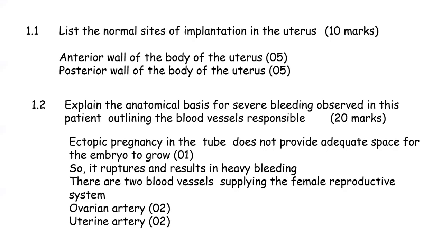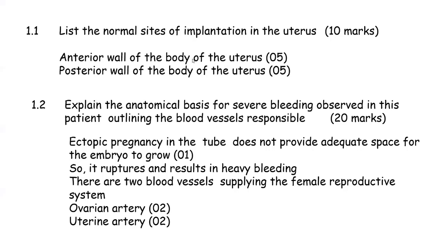So according to Langman's embryology, the book says the normal sites of implantation are the anterior wall of the body of the uterus and the posterior wall of the body of the uterus. Right? So you can see each answer carries 5 marks with the correct answer. And we have asked you the normal sites. Of course, there are many other sites and they are not normal.